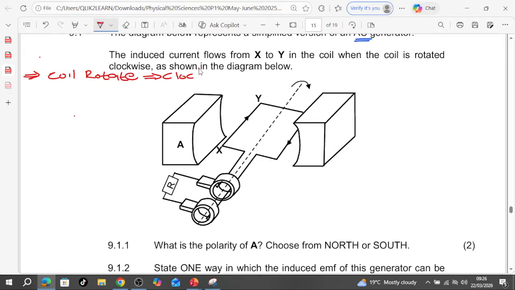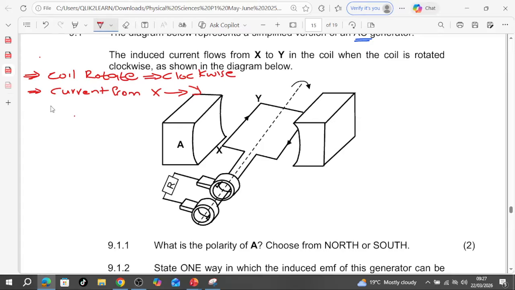And another thing they tell us is that the current flows from X to Y, shown with an arrow. That's how the current flows.